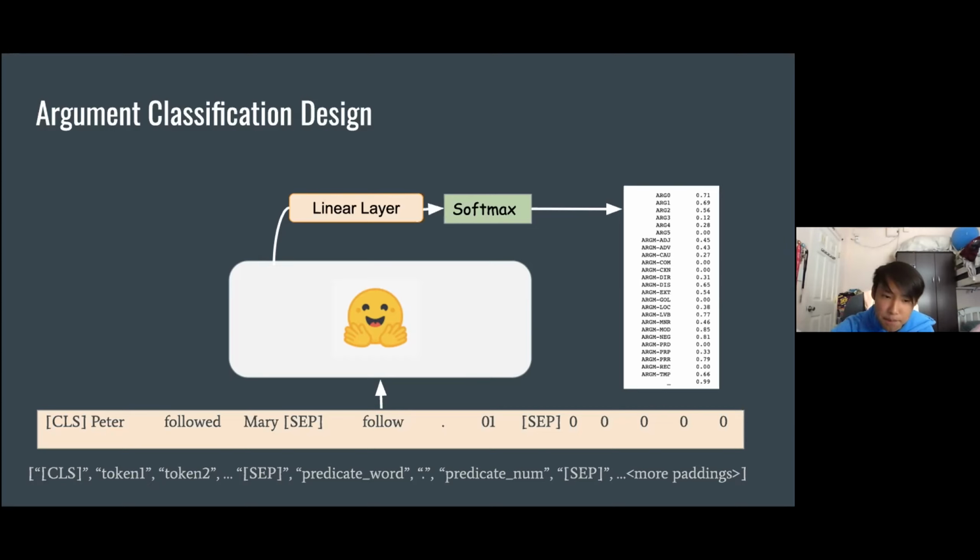Below is an example of how our input looks to our argument model. Along with the actual given sentence from EWT, we're going to be using the predicted word sense from our predicate classification model as our context. Next slide, please.